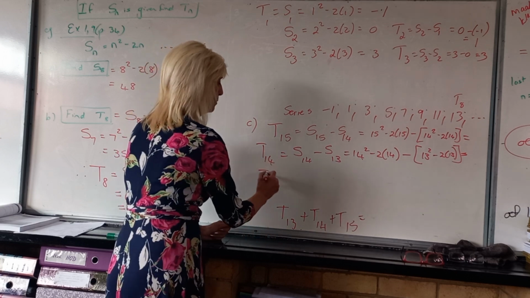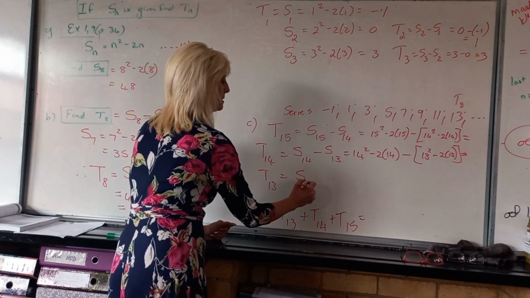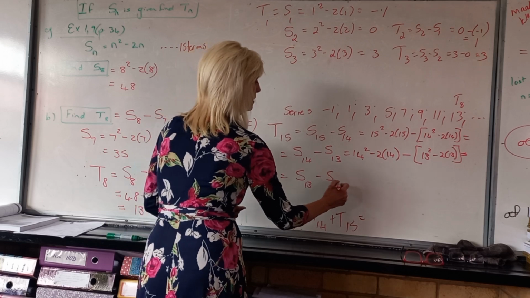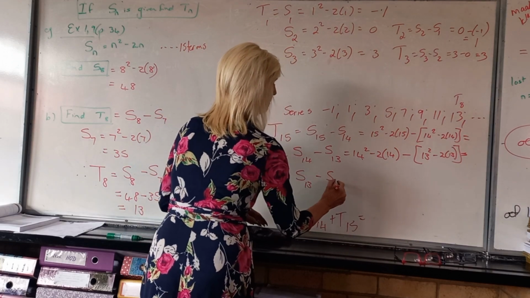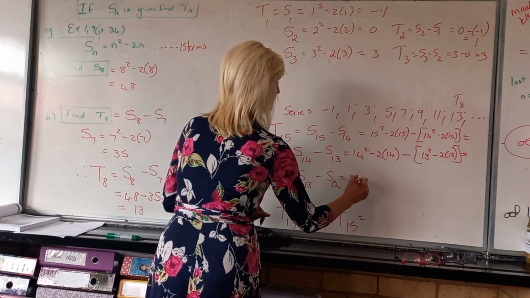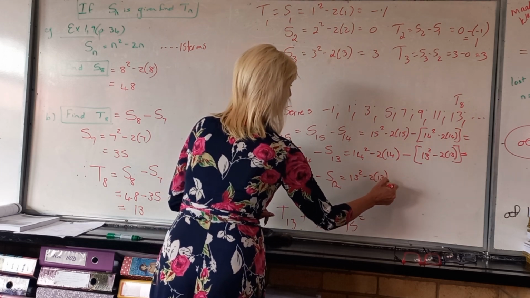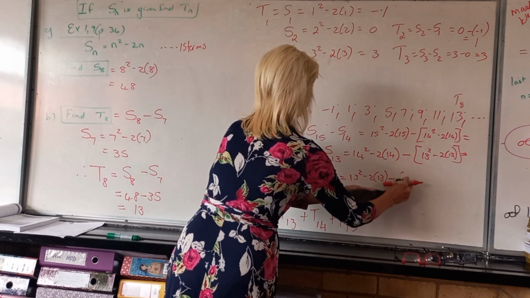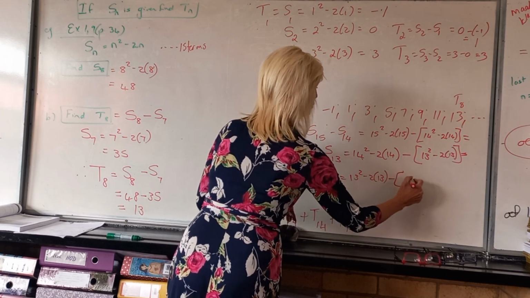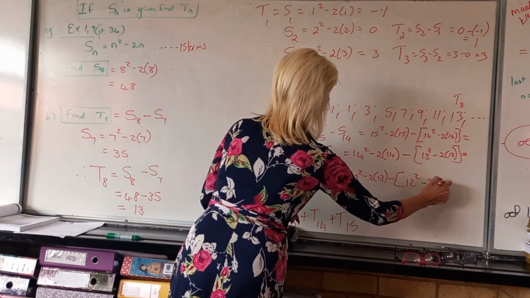And again for term 13, it'll be S13 minus S12, which is 13 squared minus 2 times 13 minus 12 squared minus 2 times 12.